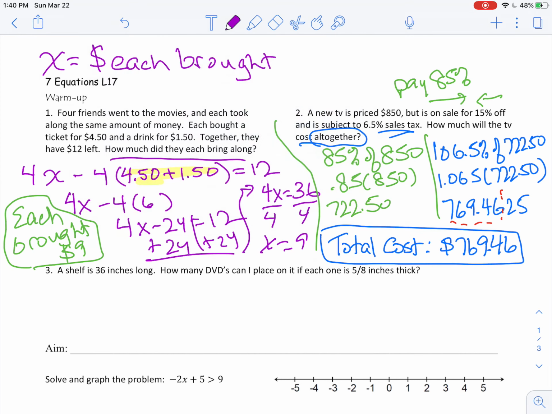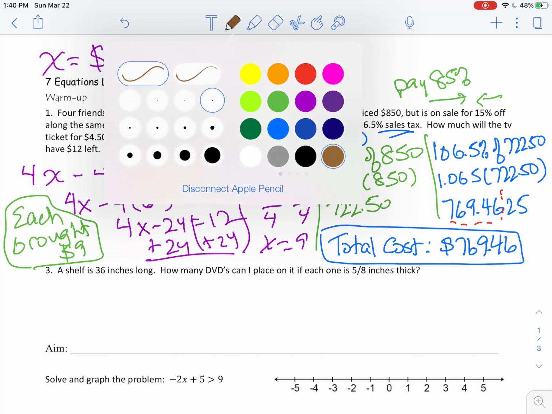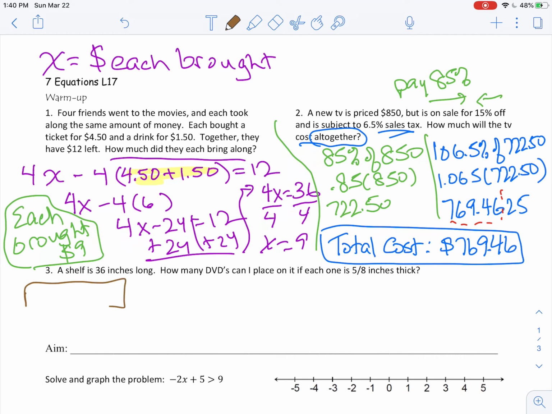All right, and then down here we have a shelf that's 36 inches long, and we're putting 5/8 inch DVDs there, and they want to know how many we can put there. So this is a division problem because we're splitting something up. And of course we know we never really divide fractions.